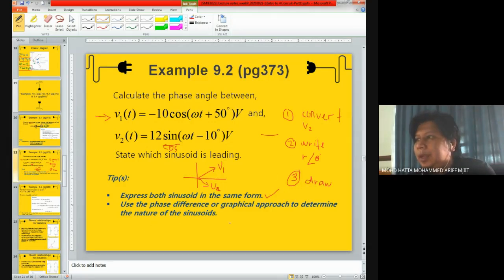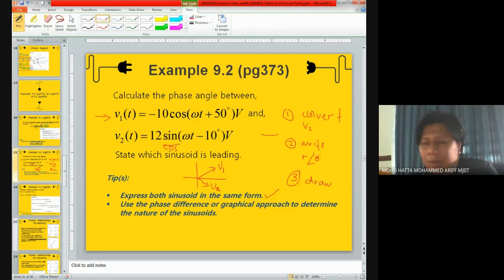Later on you can have a look at example 9.2 to see how the conversions work. It may be a bit different from what I explained here, because when you try to state which sinusoid is leading, the solution itself may not have a graphical representation, but I would really prefer a graphical representation in order to analyze which sinusoid is leading or lagging.